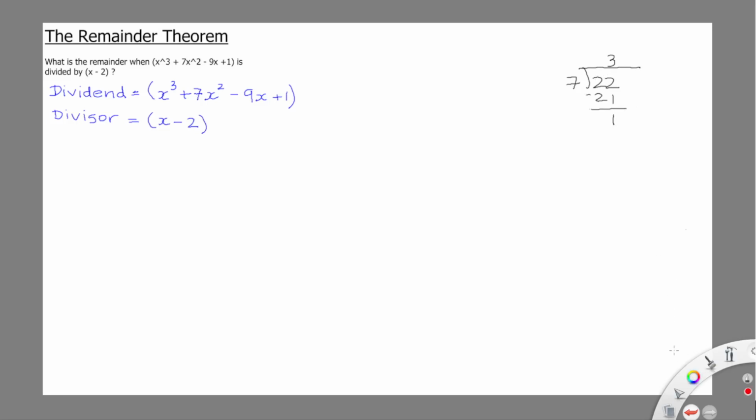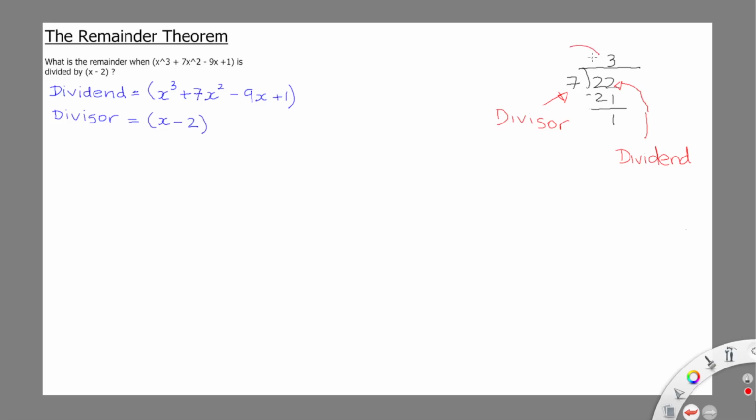Let me define the four words that we're going to talk about. The thing we divided, the 22, that is called the dividend. The number we're dividing by, in this case the 7, that's called the divisor.